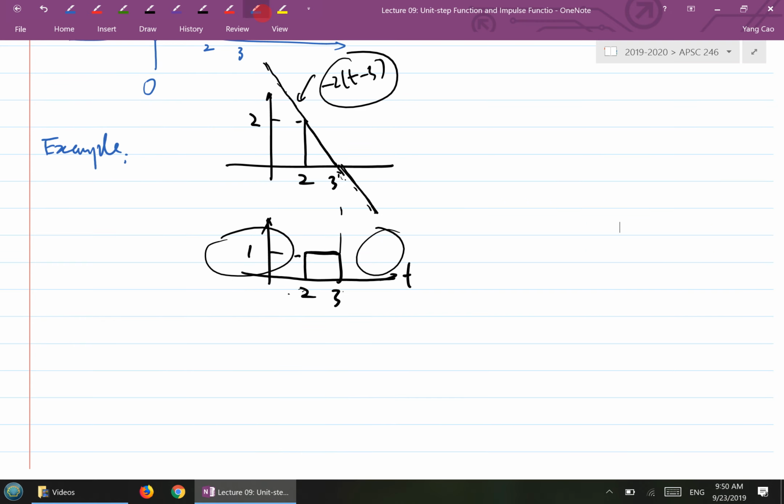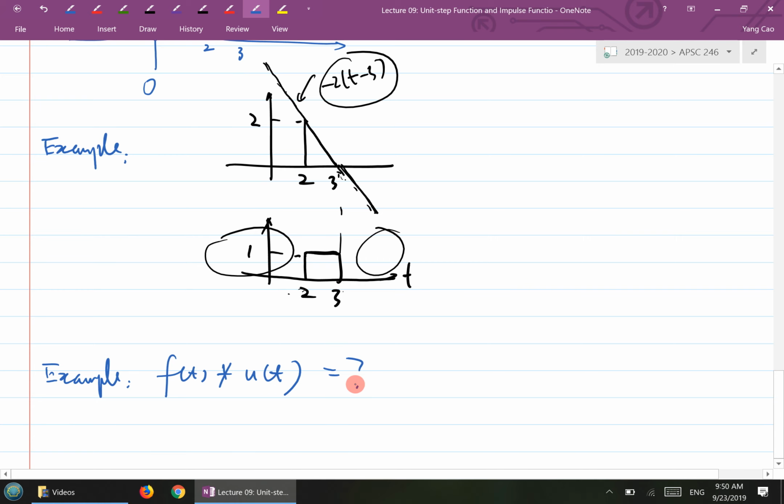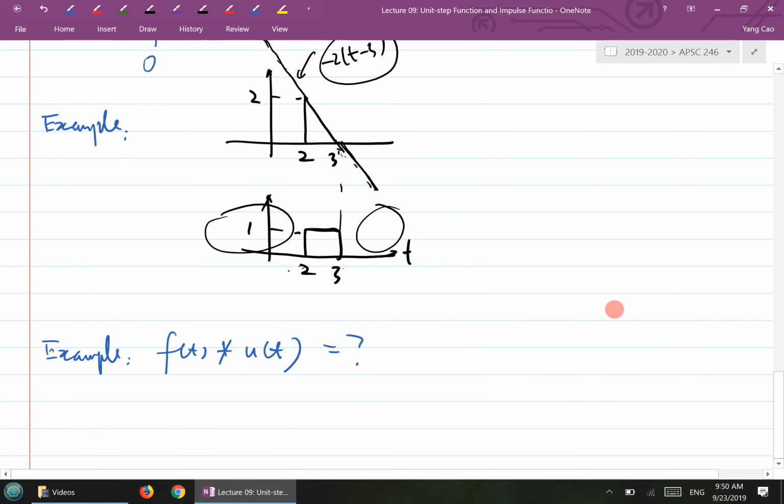All right, so let's take a look at a different example here. In this example, let's calculate the convolution between any function f of t and the unit step function u of t. And we're going to assume f of t is causal.